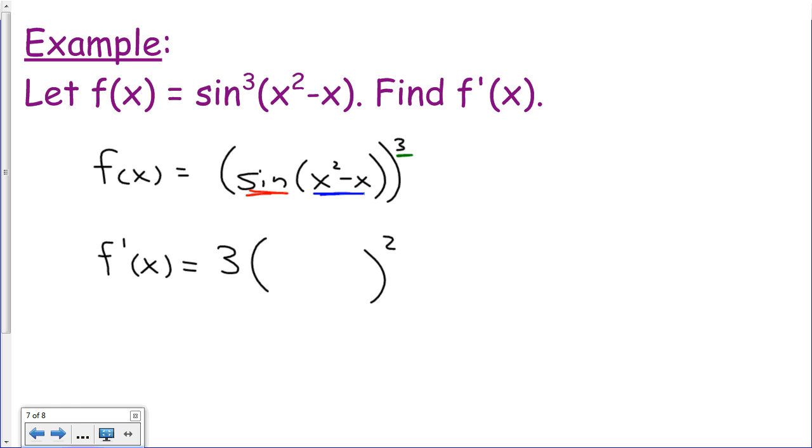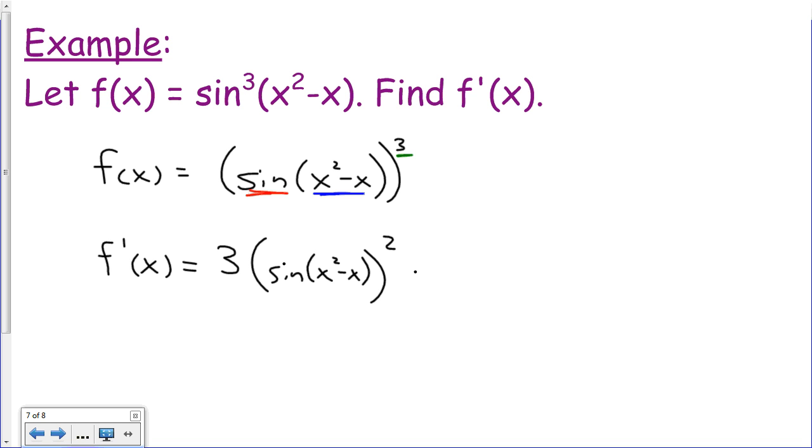The second step says substitute in the inside function. Again, the sine of x squared minus x, all of that is the inside function for the moment. So it's 3 times the sine of x squared minus x to the second power. That's the derivative of the outside, evaluated at the inside. And then chain rule, the third step of it, says to multiply by the derivative of the inside.